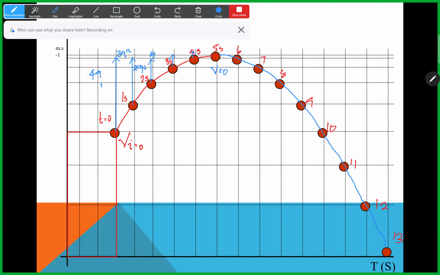Let me go back. 49, 39.2, 29.4, 19.6, 9.8, and as somebody pointed out, it's 0. These are all positives. All these velocities are positives.